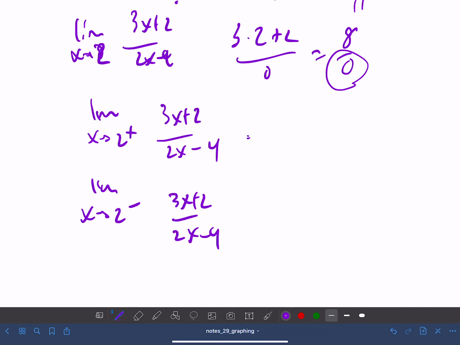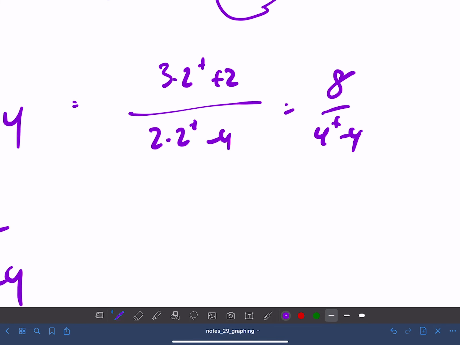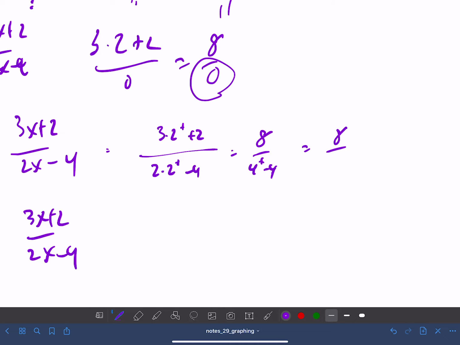I'm going to try plugging it in, and I'm going to have 3 times 2 plus 2 over 2 times 2 plus minus 4. And that's 8 over 4 plus minus 4. Well, that 4 plus is a little bit bigger than that other 4, and so this is equal to 8 over positive 0, positive infinity.